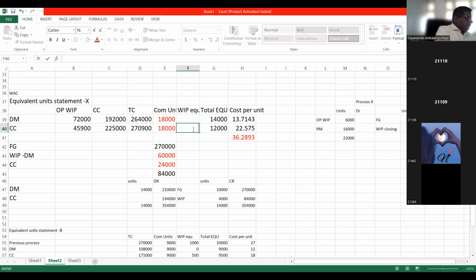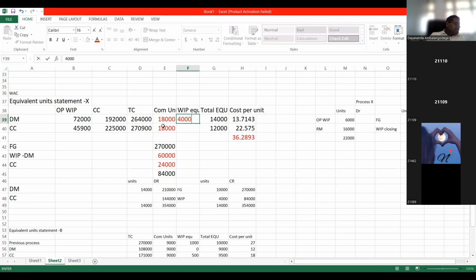It says that material is introduced at the start of the process. So thereby, material wise, closing WIP is 100% complete. That is 4,000.